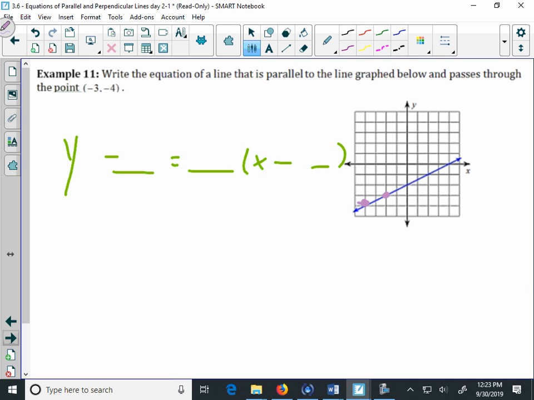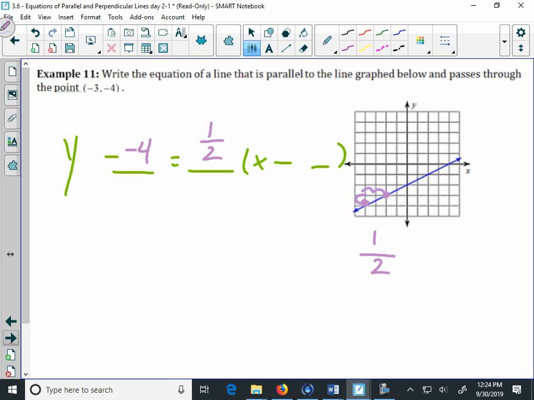When I do rise over run, how far did I go? Went up 1? One up, and right 2. Up 1, right 2. So our slope is +1/2. If they're parallel, what do we know about their slopes? So if the original line graphed for us is 1/2, my new line is going to be 1/2. Fill in your points. What's going to go here with the y?